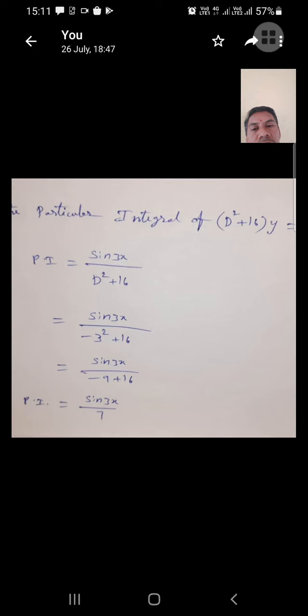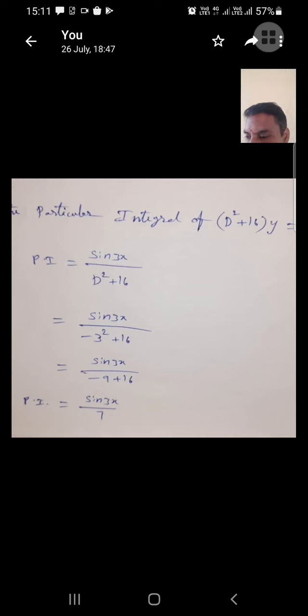If it is sin ax or cos ax, the formula is: in place of D square we have to write minus a square. The minus is outside, and the square is only for a, not for the minus.